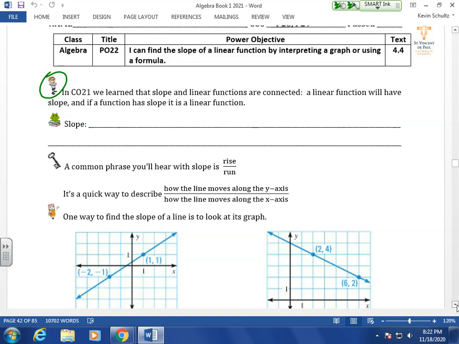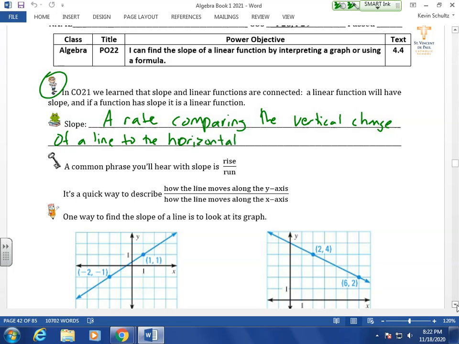So slope, I had a definition in my head before I started recording. I was like, oh, that's a perfect way to explain it. But I think, okay, it is a rate comparing the vertical change of a line to the horizontal change of that line.